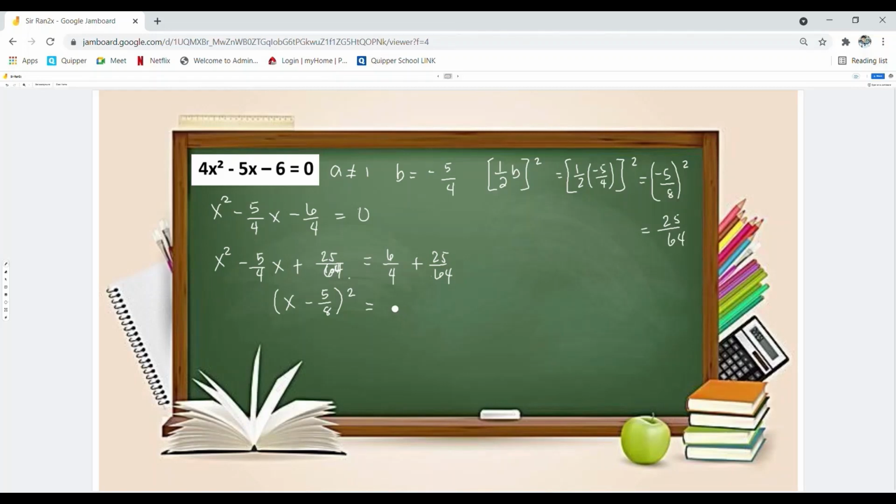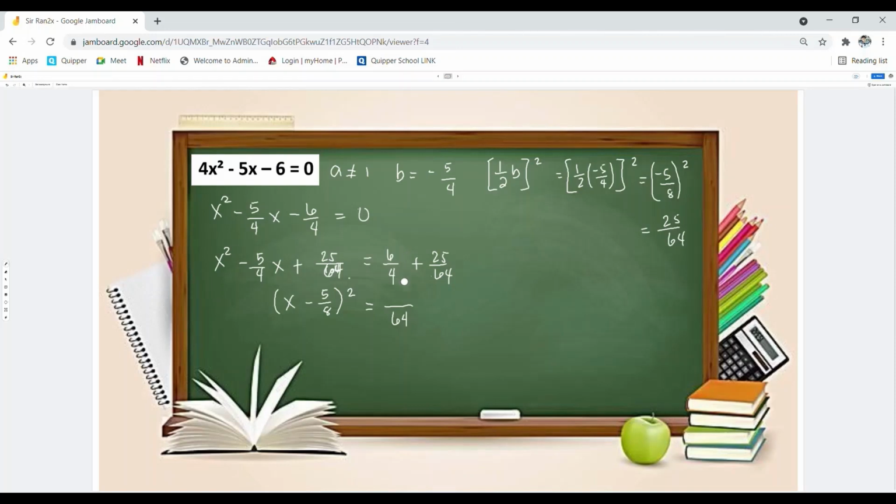You're going to multiply it with 16, right? So 16 times 4 is 64, so you can make the denominator 64. So what about the numerator? What you multiply to your denominator should be multiplied also to your numerator.